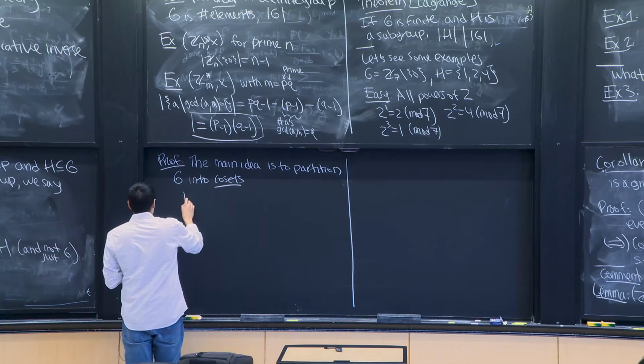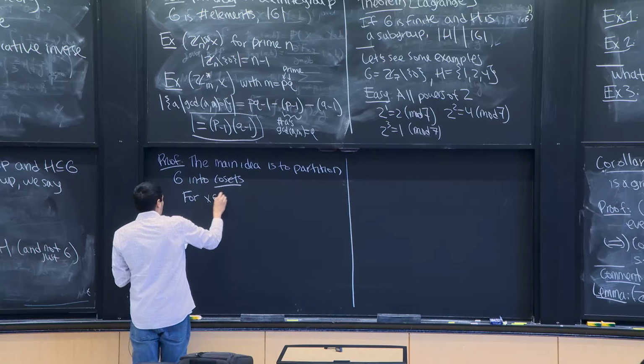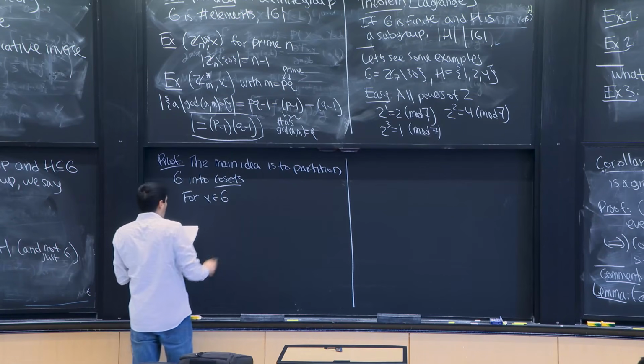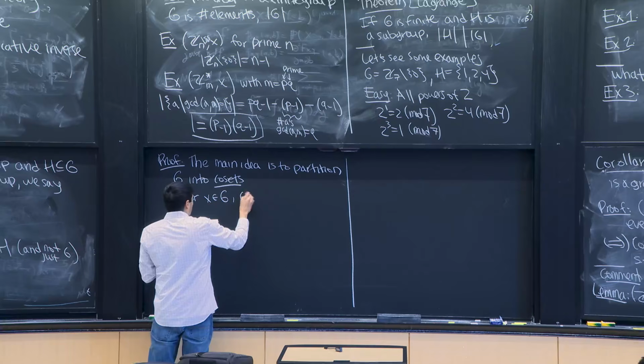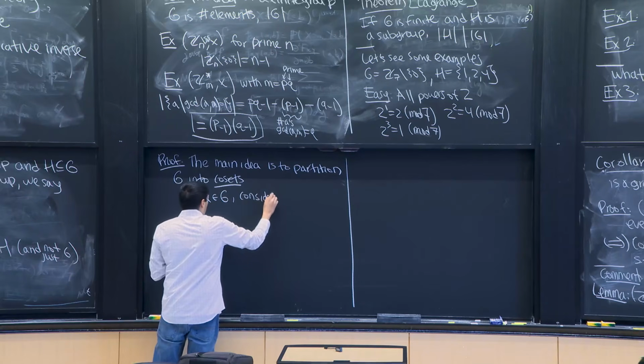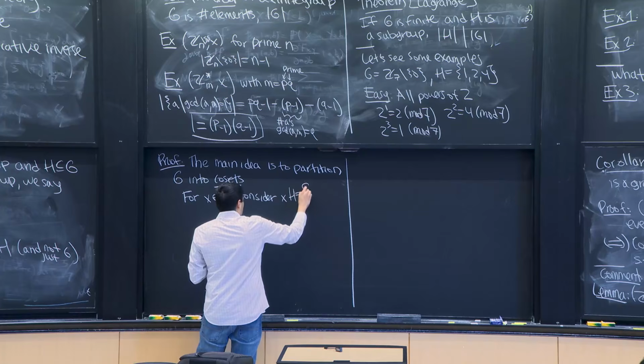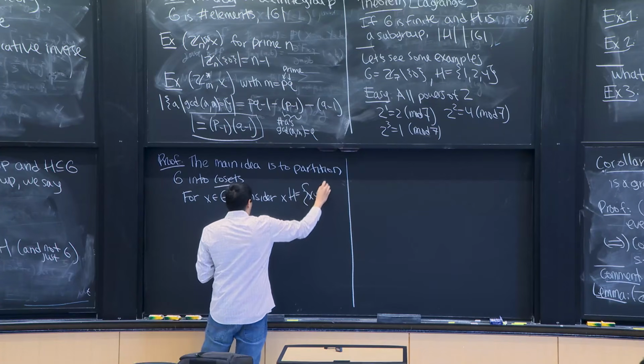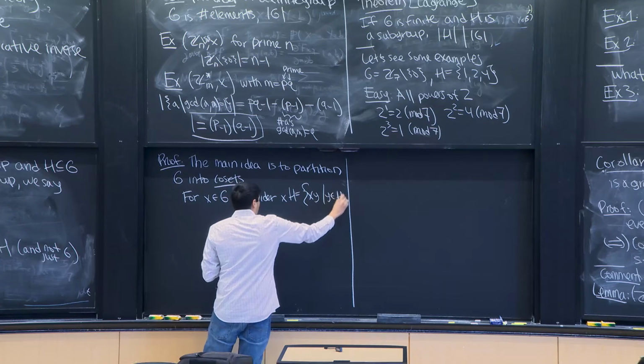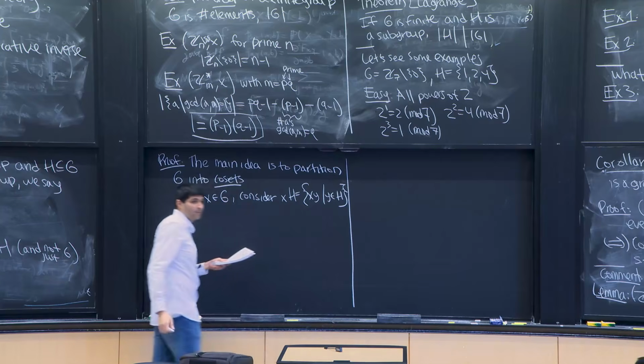These are really just translates of my original subgroup. So if you take any element x belonging to the group, we're going to consider the following set. It's called xH, and it's the set of all xy where y belongs to H.